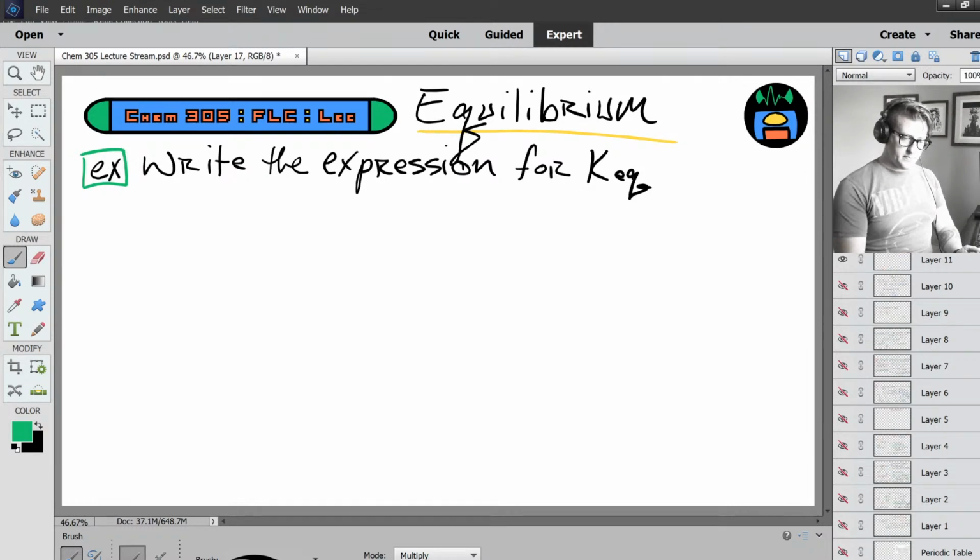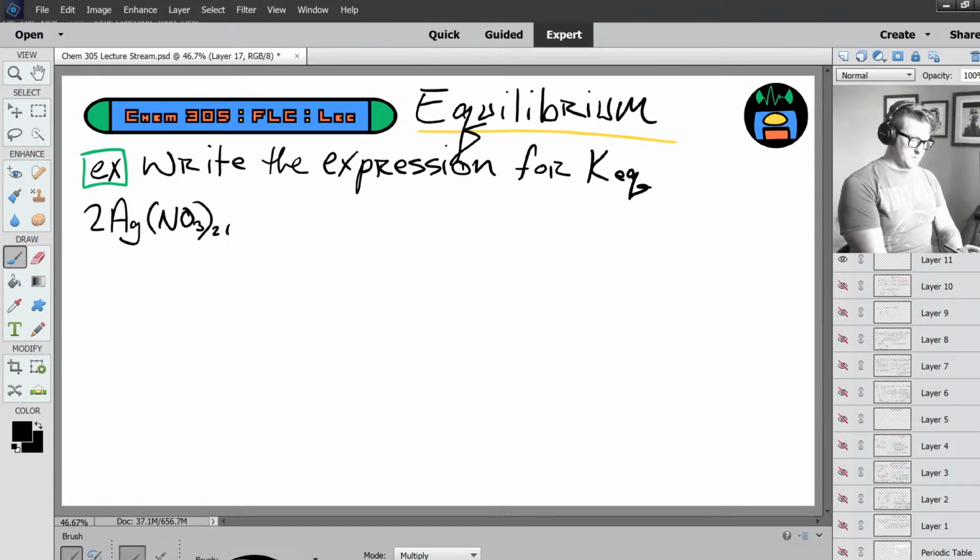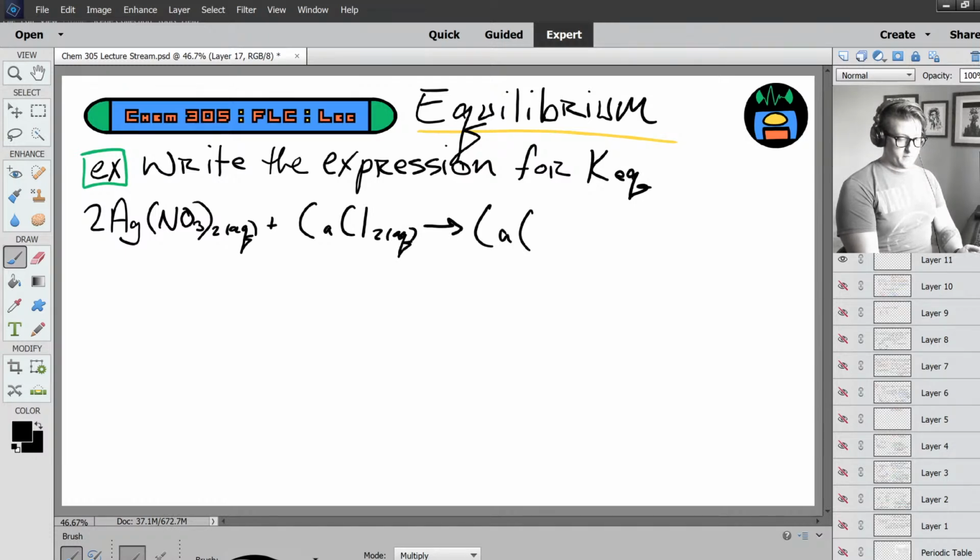Let's do another example. How about the reaction between aqueous silver nitrate and aqueous calcium chloride, which produces aqueous calcium nitrate and solid silver chloride.